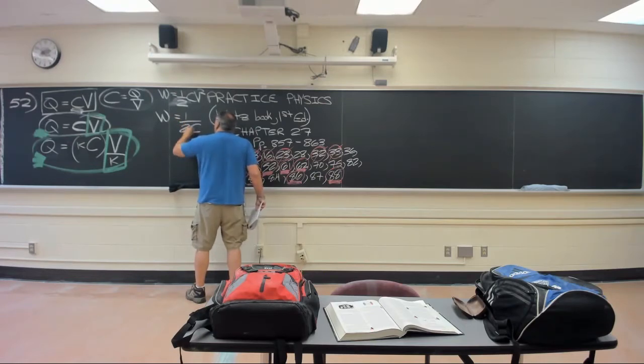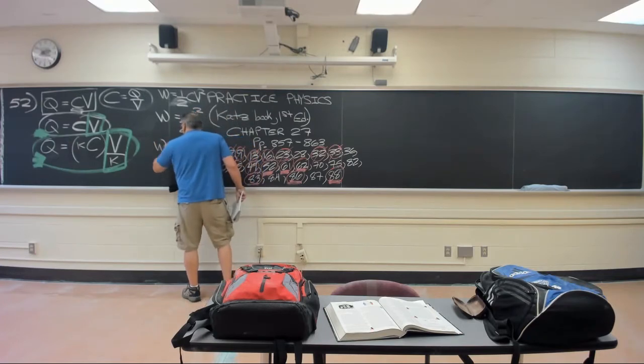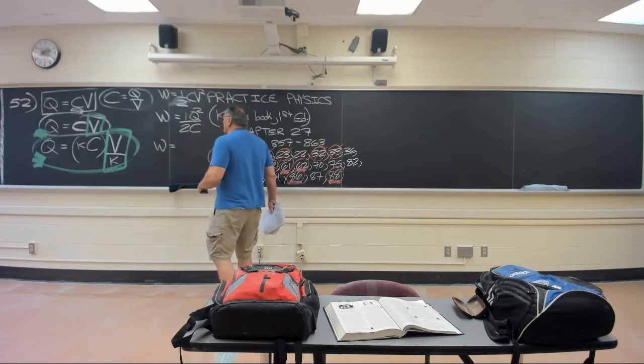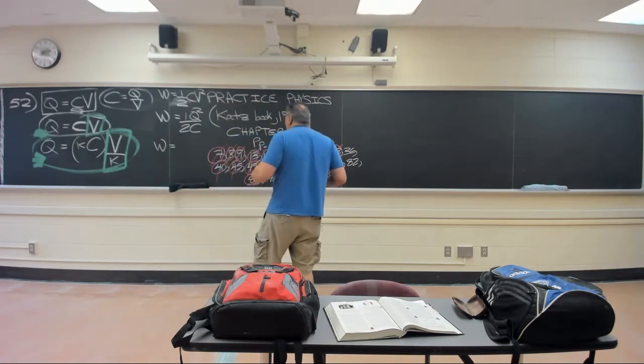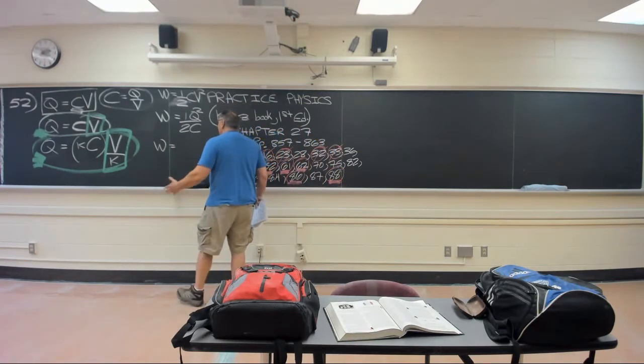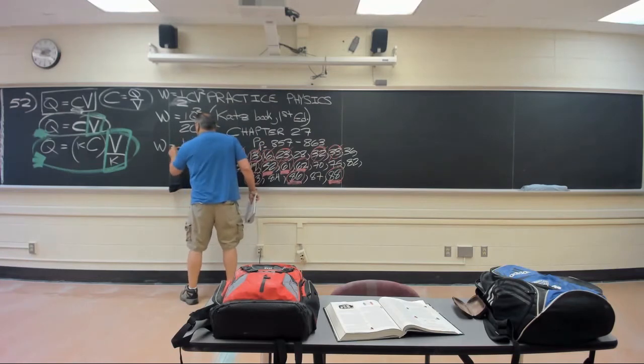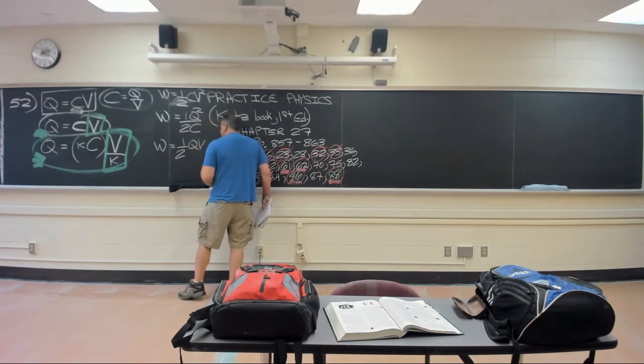So we got that. I wasn't sure what they were doing with their notes when they had the Q delta V. It's certainly proportional to that. You got to put the half in there to make this whole thing work out. 1/2 Q delta V or 1/2 QV for what's going on that way.